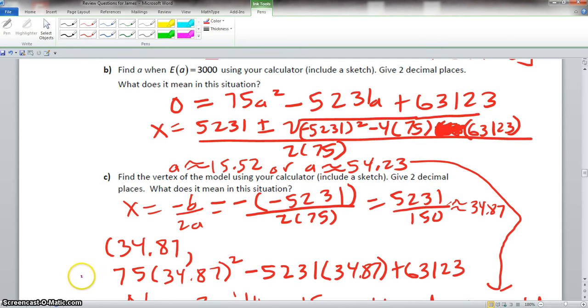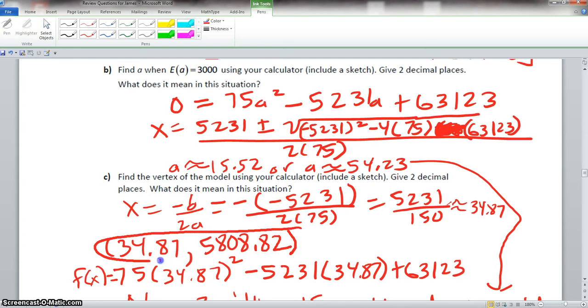And this is what our y value would be. So we could write f of x. And this is what this is equal to. You would put this in your calculator, and that final answer would be approximately 5,808.82. So this right here is the vertex.